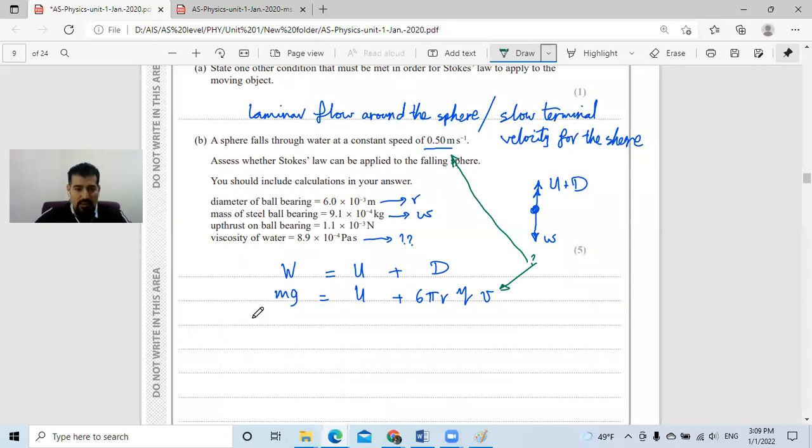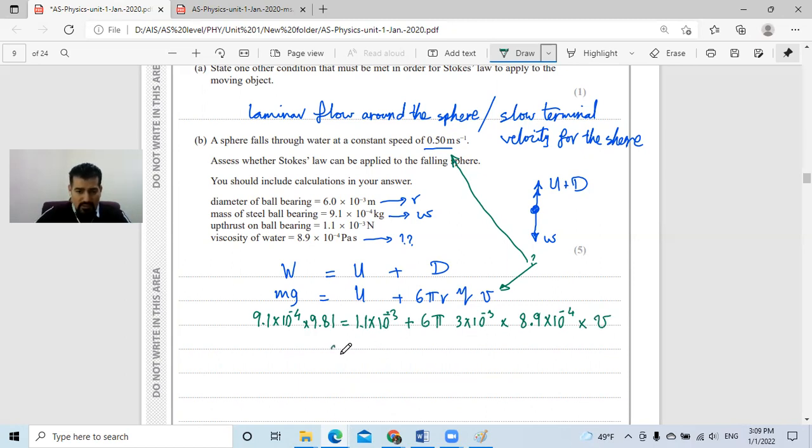So here, what do we have? The mass, 9.1 times 10 to the power of -4, multiplied by 9.81, equals the upthrust, which is 1.1 times 10 to the power of -3, plus 6 pi, the radius, which is 3 times 10 to the power of -3, multiplied by eta, which is 9.8 times 10 to the power of -4, multiplied by v.